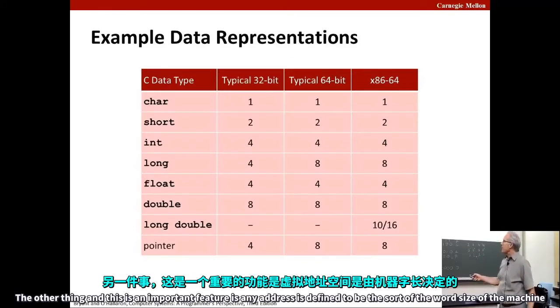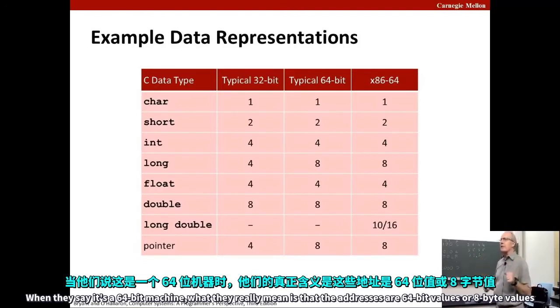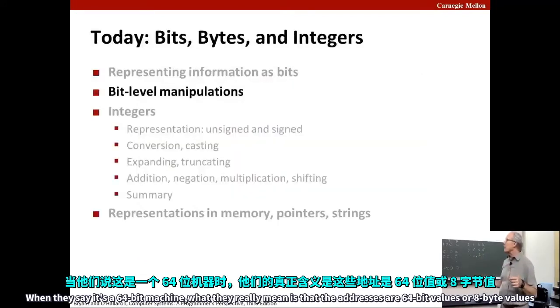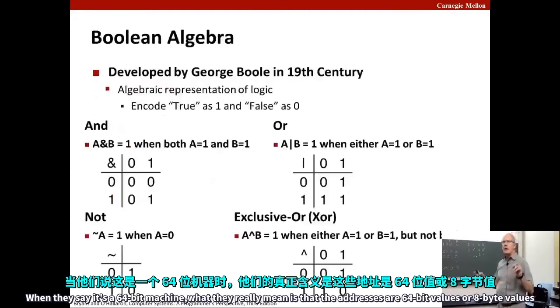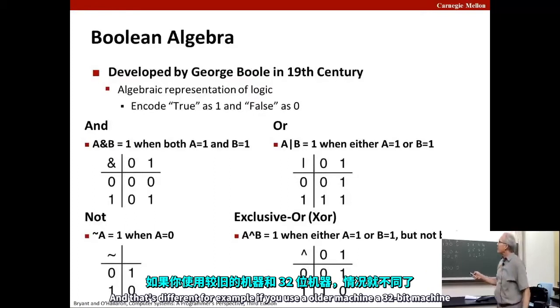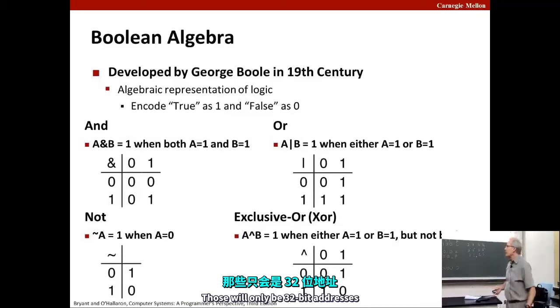The other thing, and this is an important feature, is any address is defined to be the word size of the machine. When they say it's a 64-bit machine, what they really mean is that the addresses are 64-bit values or 8-byte values. And that's different, for example, if you use an older machine, a 32-bit machine, those will only be 32-bit addresses.